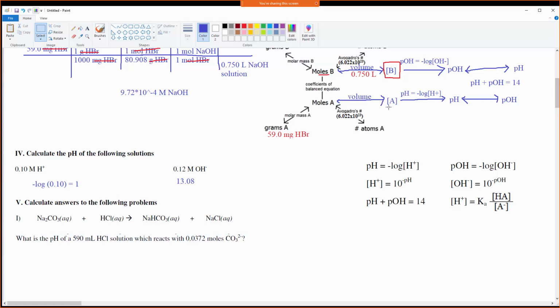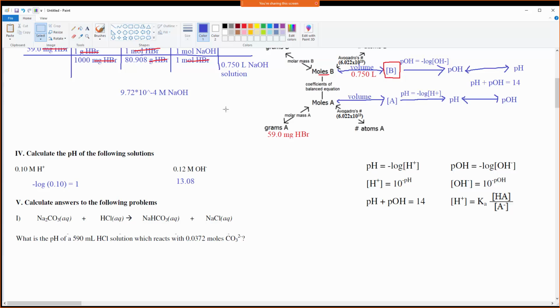Because if it's a base, you do have to take this extra step, but if it's an acid, you don't. And you just gotta check yourself and make sure that if you're solving for the pH of an acid, it should be between 1 and 7. And if you're solving for the pH of a base, it should be between 7 and 14.